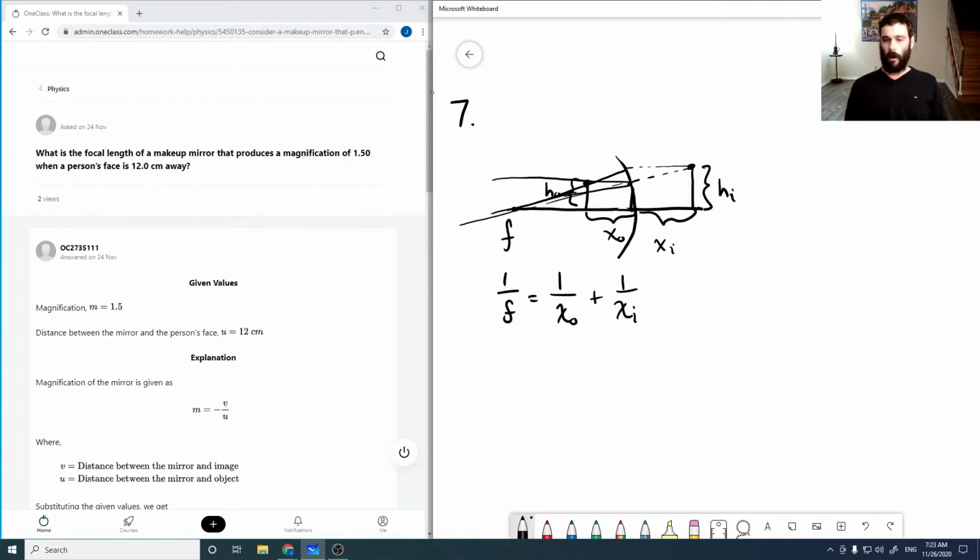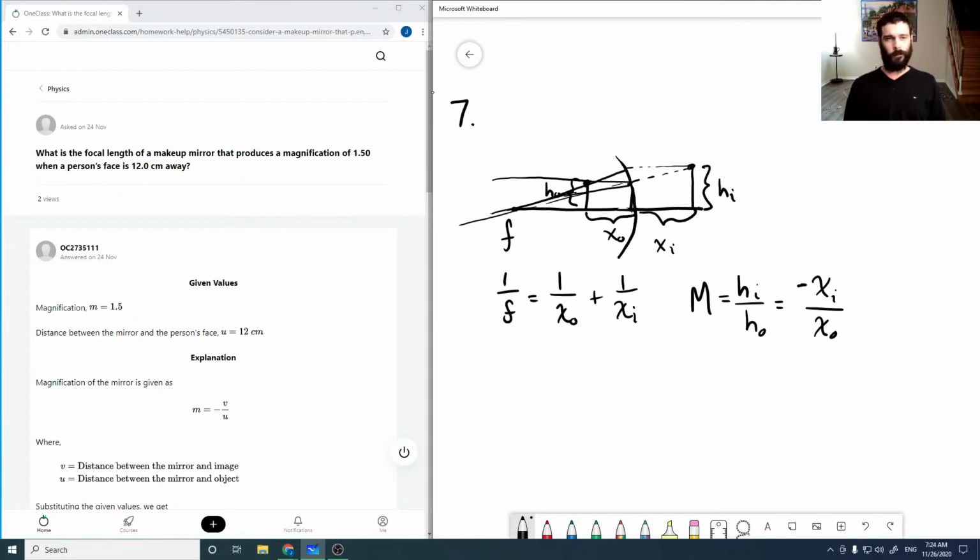Our magnification is the height of our image over the height of our object, but it's also equal to minus the x of the image over the x of the object. And remember that an x that's behind the mirror, which is a virtual image, will be negative.